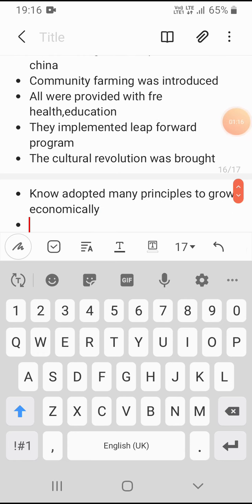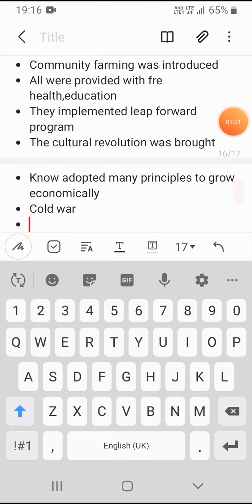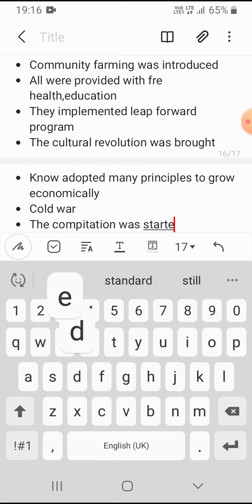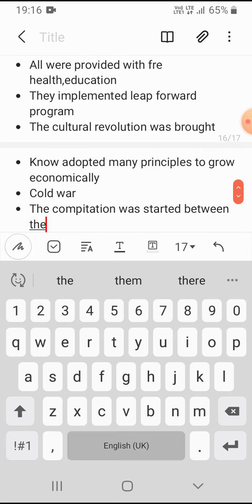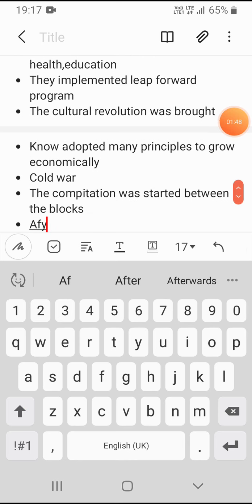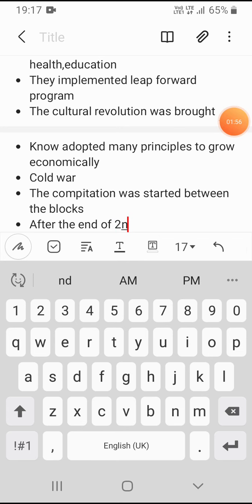With the revolution done, next comes the Cold War. The last topic you have to see is the Cold War. The competition between the two blocks, communist and democratic, started after the end of the Second World War.